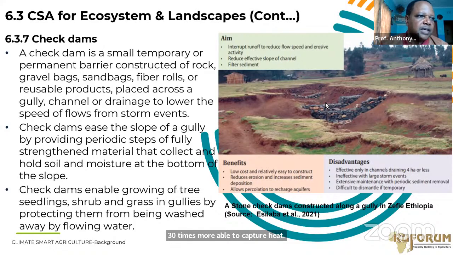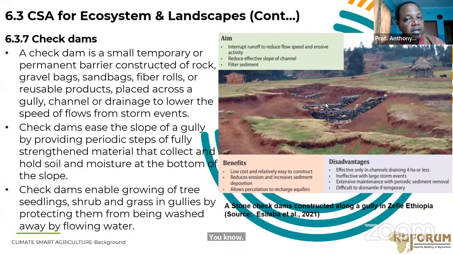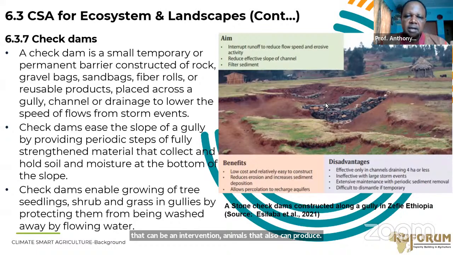Some of the interventions that I was reading through are breeding animals that are able to efficiently digest some of the crops that might have indigestible material. Animals that can also produce a lot of milk or meat or hide very fast within a short period, such that they do not live for long.